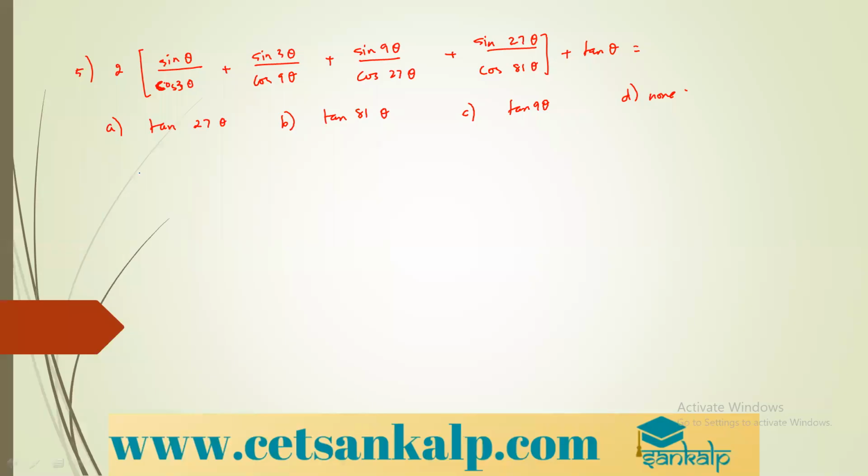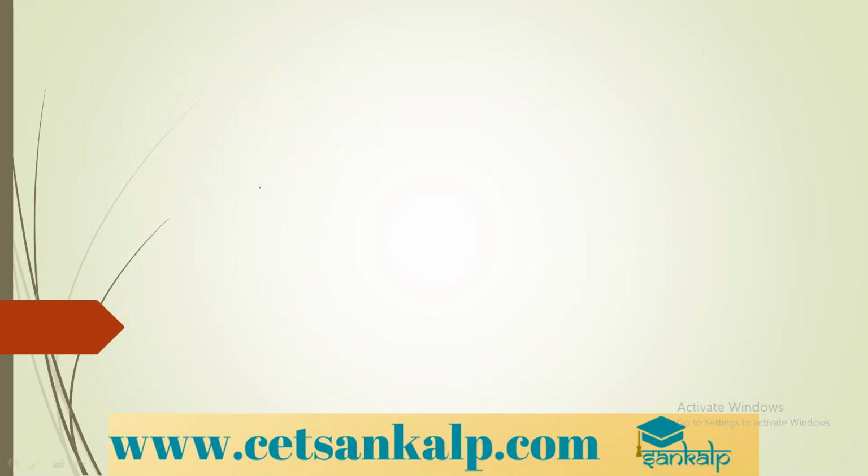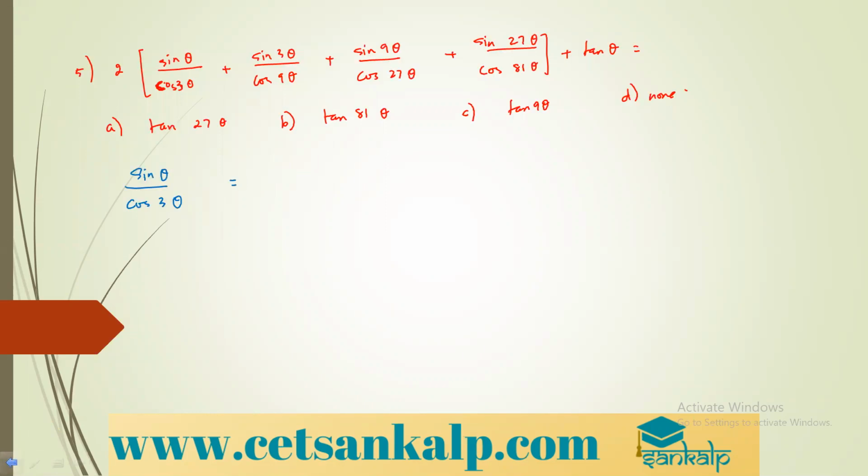So first of all, we will start with sine theta by cos 3 theta. Here, first of all, I will multiply and divide something. I will take sine theta by cos 3 theta. I will multiply cos theta up and down. I will multiply 2 up and down.